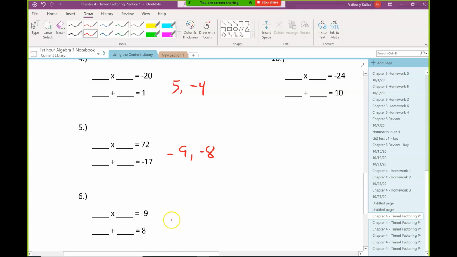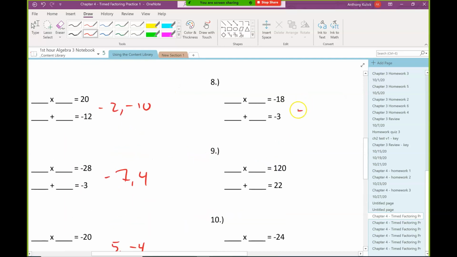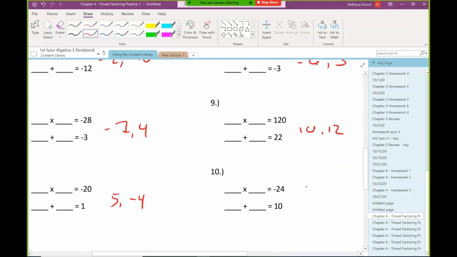Here we have +9 and -1. -6 and +3, 10 and 12, and then we have +12 and -2.